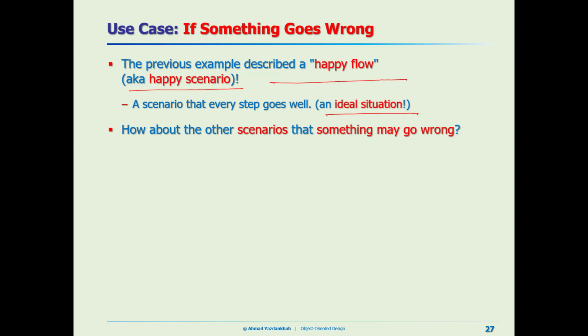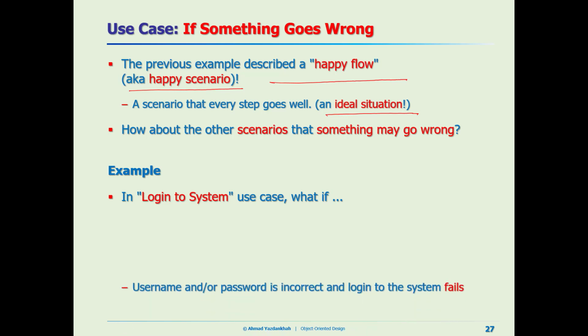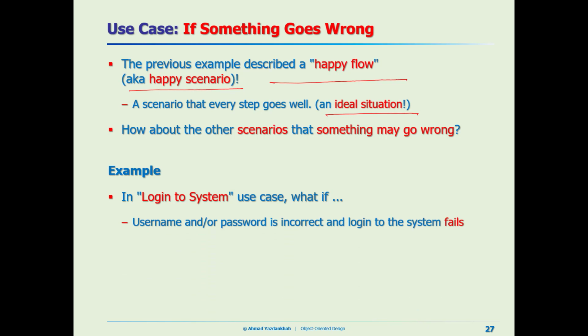Okay, so here is an example, the same example, logging into the system. What if the username and or password is incorrect? The login will fail. So in this case, what would the system do?